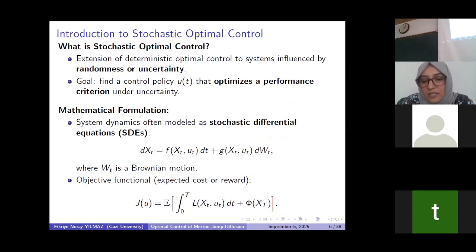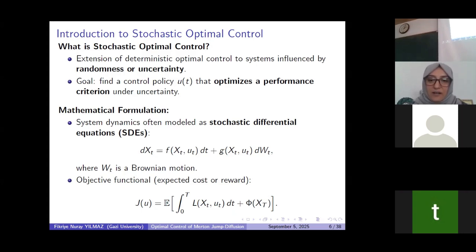We usually use u for the control variable, and the function J is called objective functional to be minimized or maximized. It is also called cost functional. Since we have a stochastic case, we are interested in minimizing or maximizing the expected value of such a function. And in this function, variables are u_t and x_t.